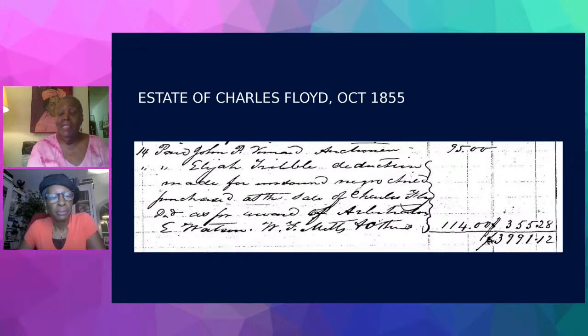Mrs. Brundrick told mom in the 80s maybe he died, and they got money back for him. He got $95 back for Patrick. And all of these papers were within the estate records of Charles Floyd? Yes. And this is just a snippet of it.